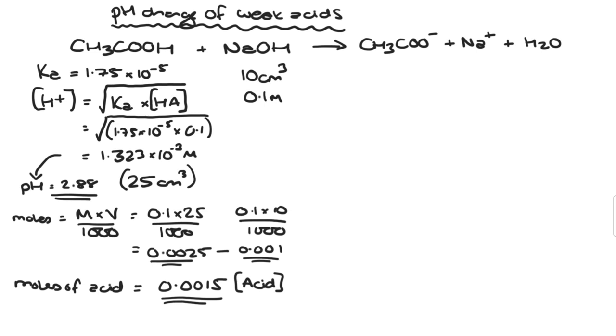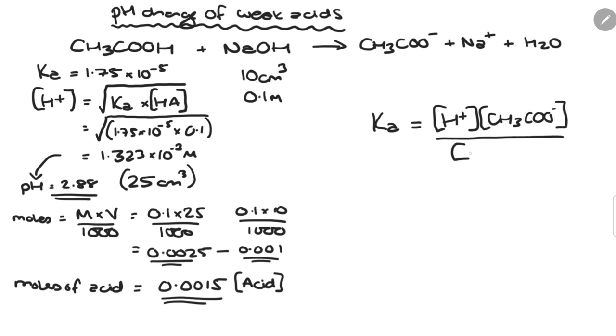However, because this is a weak acid, and we know that Ka in a weak acid is equal to H+ multiplied by the concentration of its conjugate base, so in this case the ethanoate ion, divided by the concentration of the parent acid, so ethanoic acid in this case, we can now see that in the course of this reaction we have also generated some salt. So the salt being the ethanoate ion here.